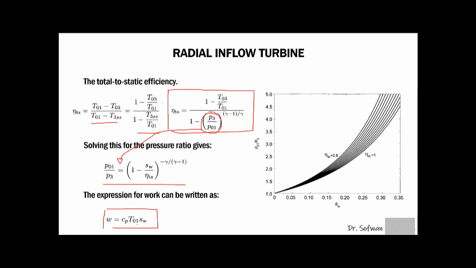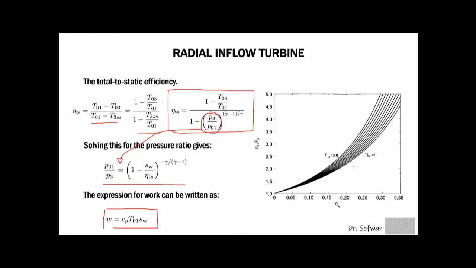Until now we have looked into various expressions to calculate the work delivered by a radial inflow turbine, which shows that it depends on what information we have. So we have to choose which equation is suitable for calculating the work delivered.